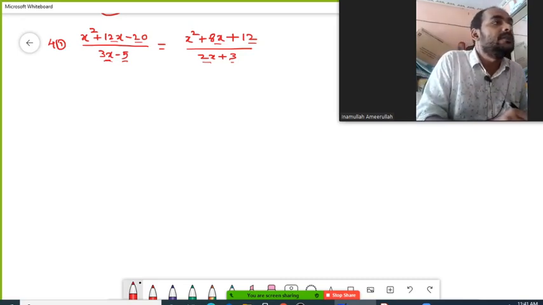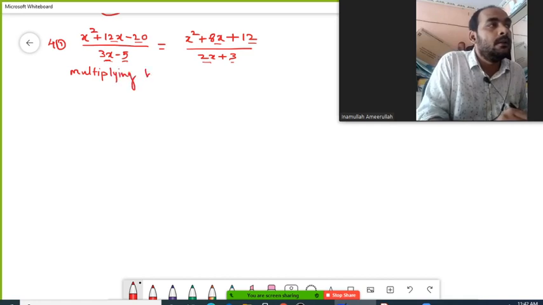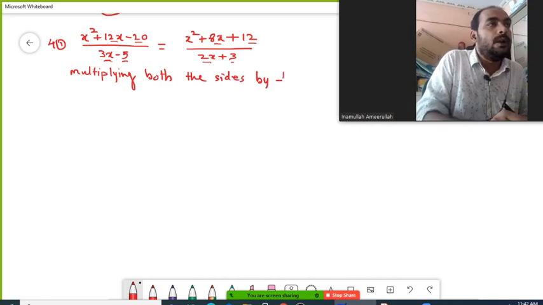So first I am going to multiply both the sides by 1 upon 4.